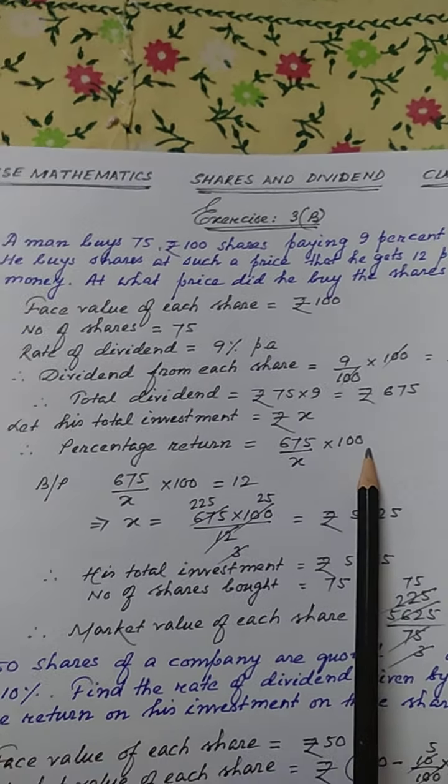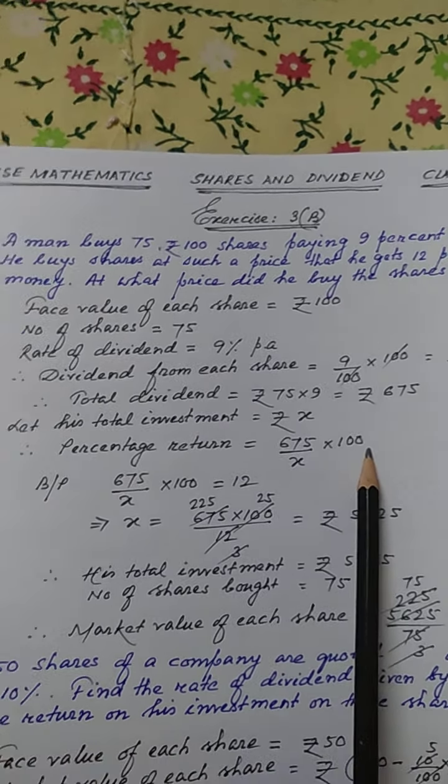And number of shares from the second firm, that is 26,400 divided by 132, which is market value of each share for the second firm, and dividing it, it's coming 200. Then annual dividend from the second company will be 200 into 6, because 6 rupees is the dividend of each share for the second firm. So it's coming rupees 1200. Therefore difference between the annual dividend of the two firms is 1200 minus 1100, equal to rupees 100.